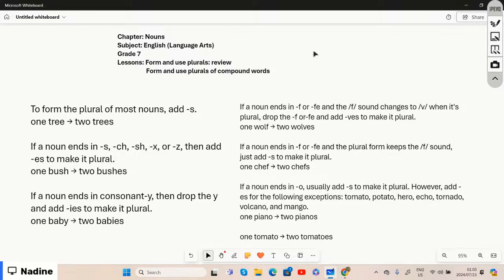All right. So when it comes to nouns, remember, a noun is a word that tells us about people, places, animals, things.